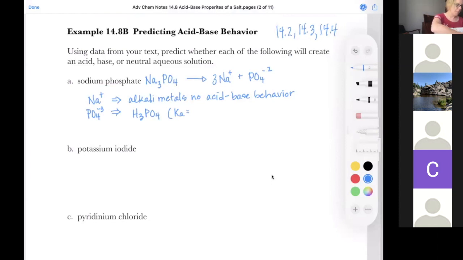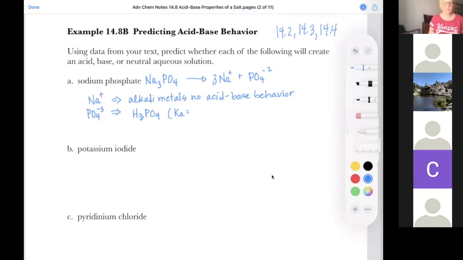So I'm shuffling paper to point you in the right direction here. Phosphoric acid, remember, it's on page 689, has 3 Ka values. But this is a weak acid.